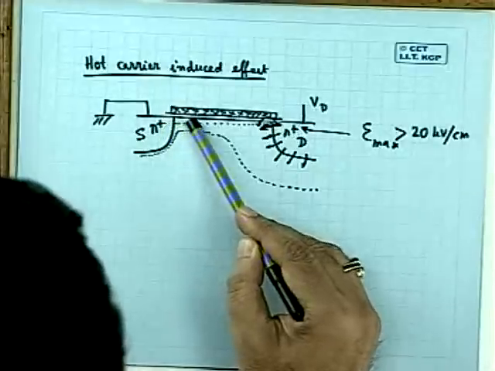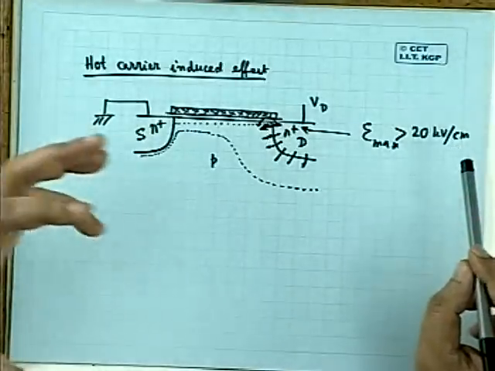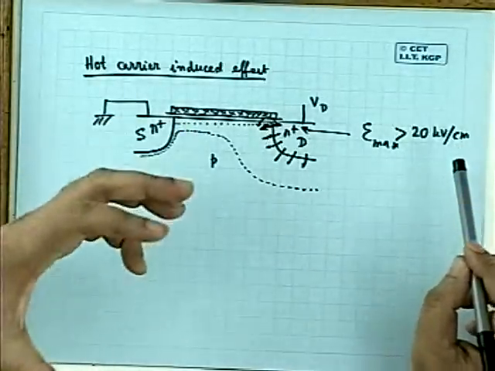So some of the electrons in the inversion layer, while reaching the drain, due to these two effects, the hot carrier and sometimes also avalanching, get multiplied. Avalanching and hot carrier effects sometimes combine together.